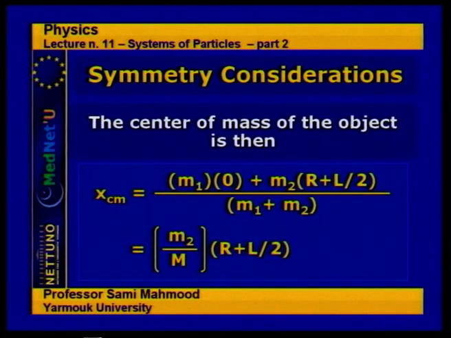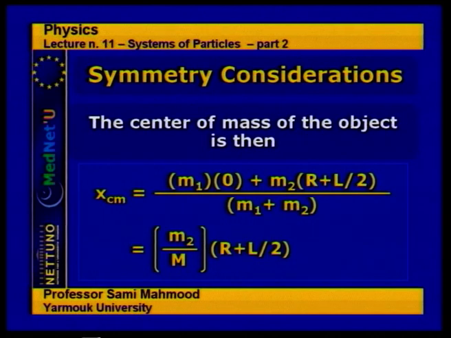And if we simplify this formula, it will look like m2 over capital M, which is the total mass of the system, multiplied by r plus L/2. So that is the position of the center of mass of this body that we have considered.